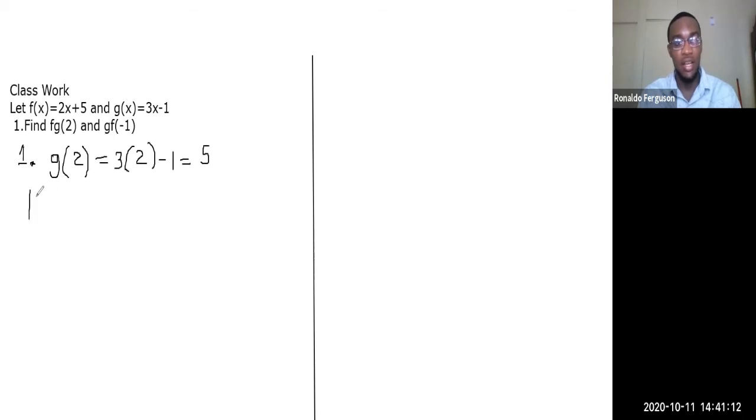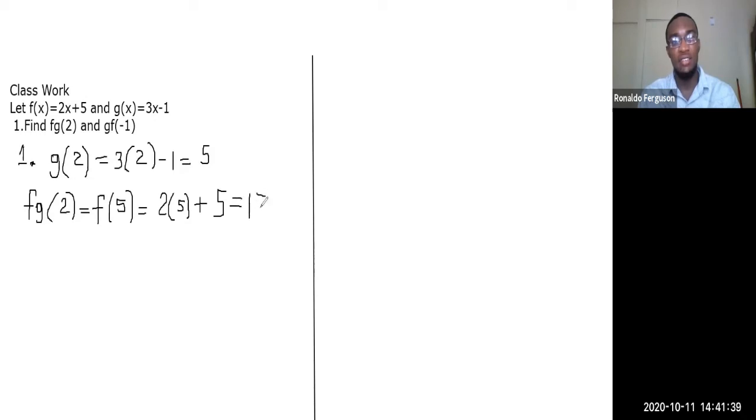And so what we can write then is fg of 2, but g of 2 is 5. And so what we're finding is f of 5. And so f of 5 is then equal to 2 times 5 plus 5. And 2 times 5 plus 5 is 15. And so fg of 2 is equal to 15.